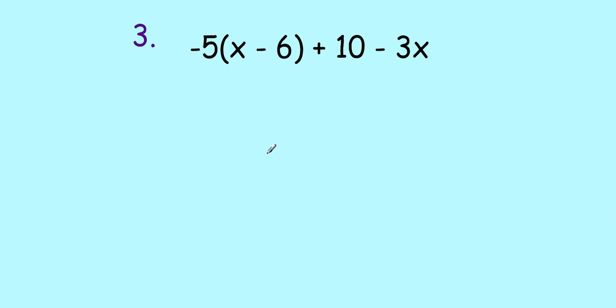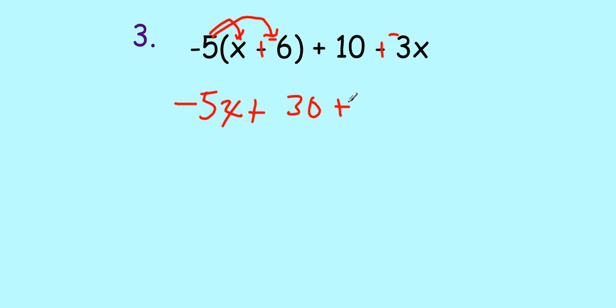Okay? Now let's take a look here at number 3. Now we're distributing a negative number. We're distributing negative 5. Go inside, change all subtraction to adding its opposite. So we're going to take care of that first. Now we can distribute. Negative 5 times x is negative 5x, plus negative 5 times negative 6 is 30, plus 10, plus negative 3x.